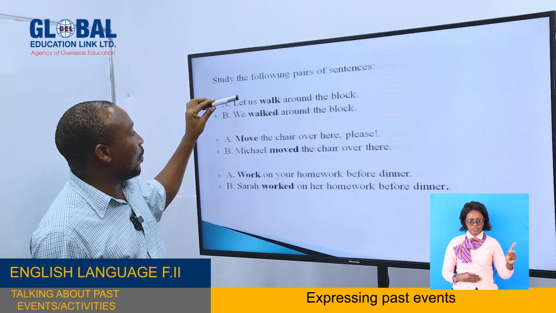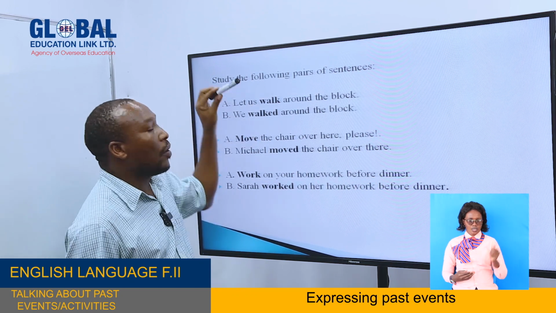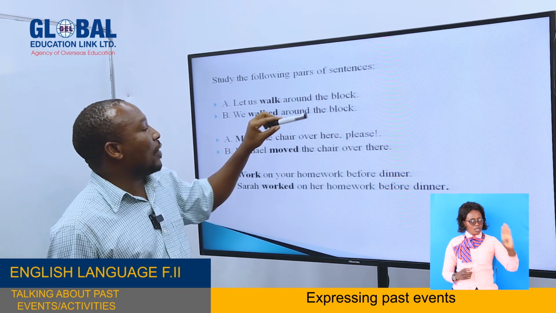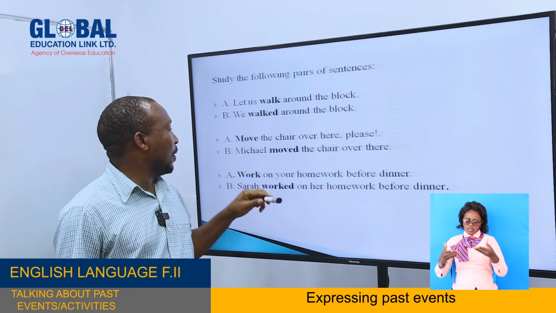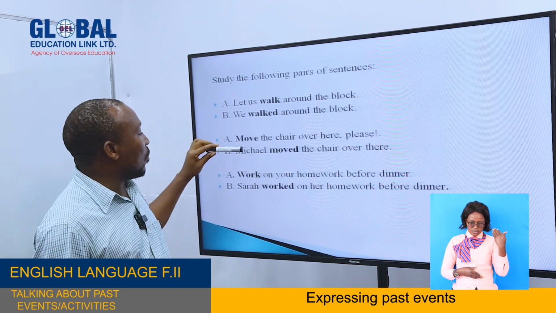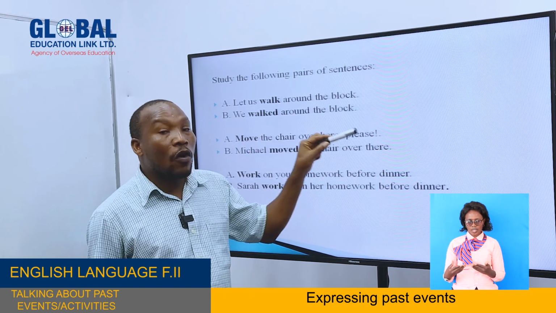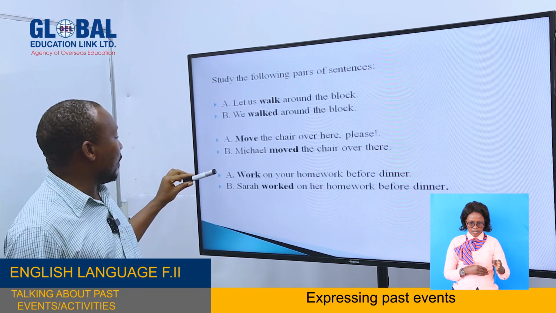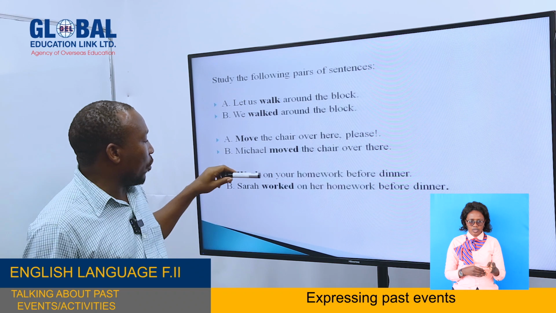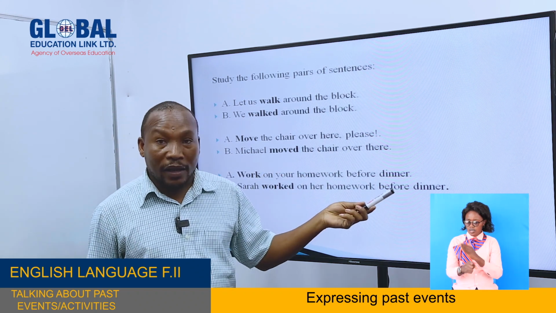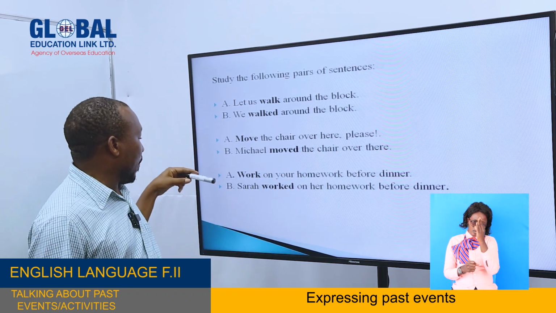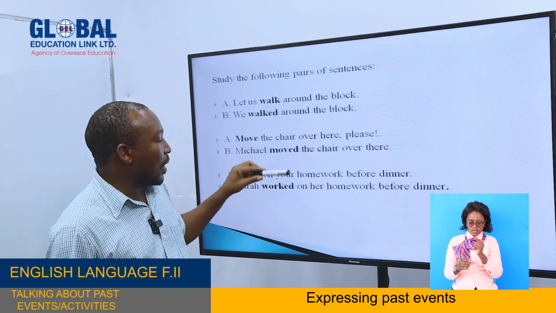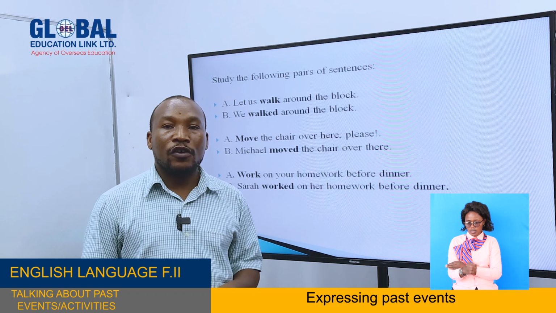That is simple present, this is simple past. Move the chair over there, please. B. Michael moved the chair over there. Again, work on your homework before dinner. Past tense, Sarah worked on her homework before dinner.